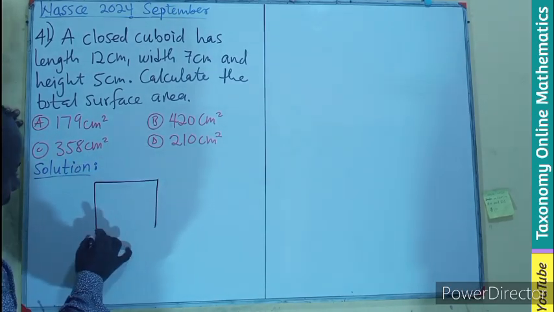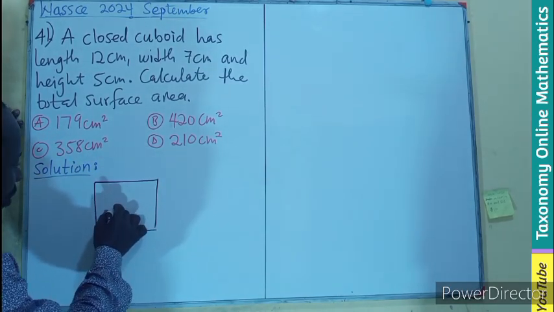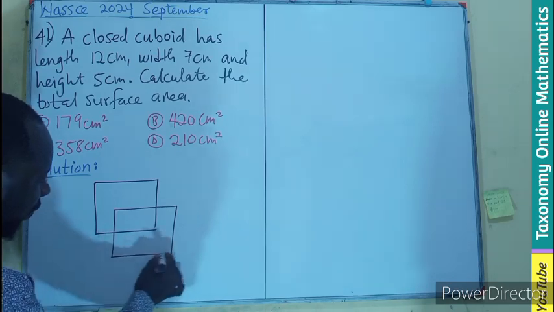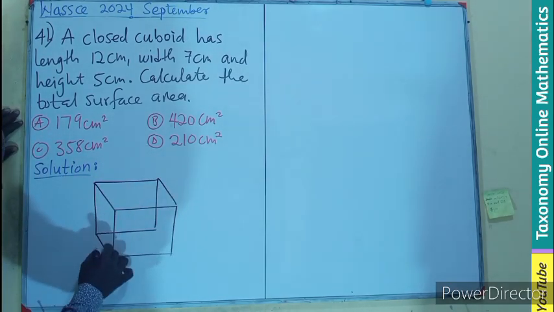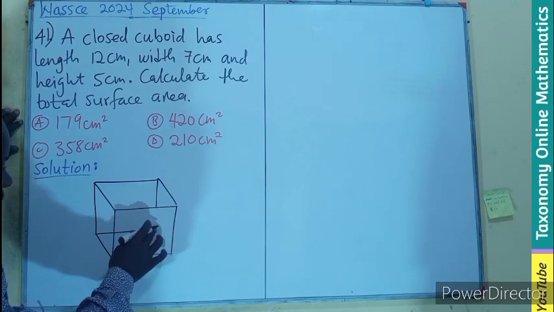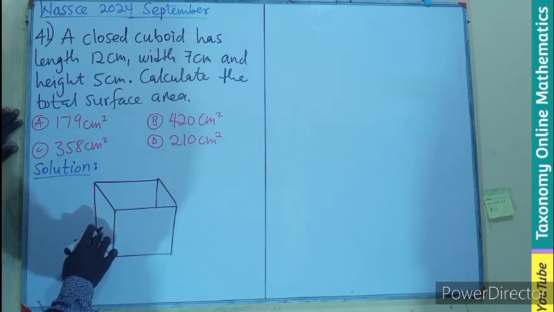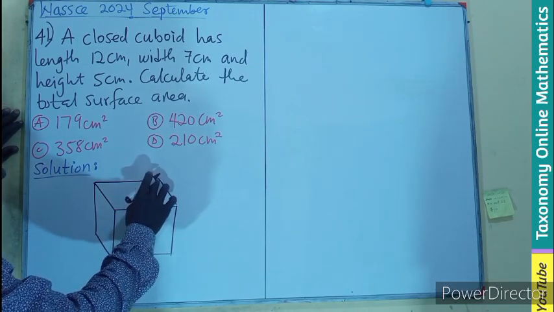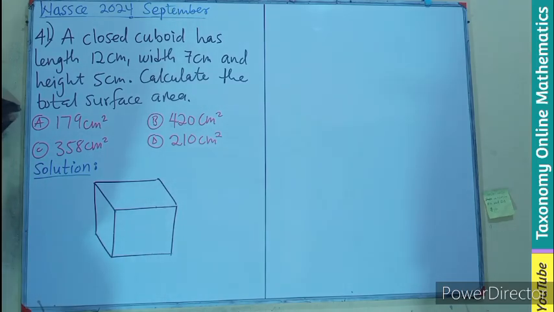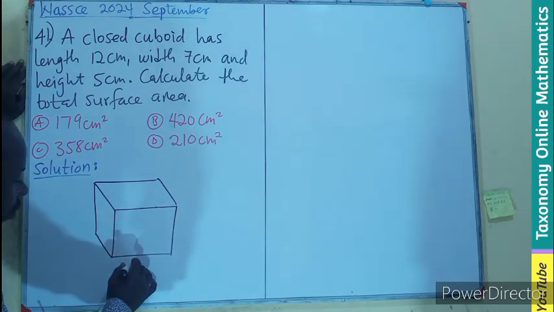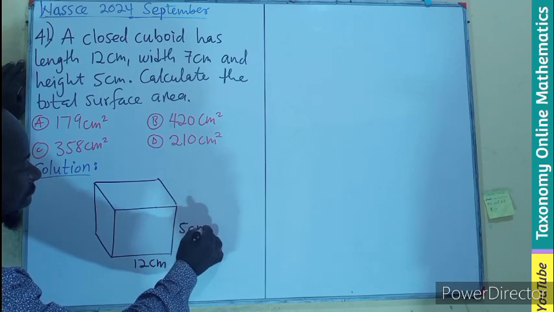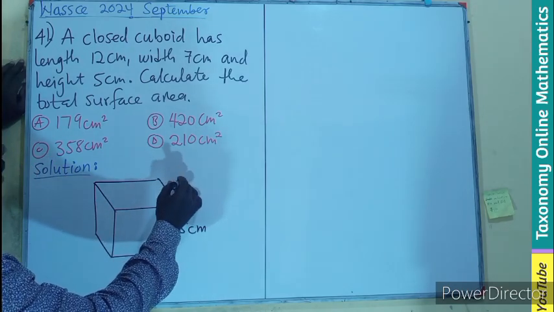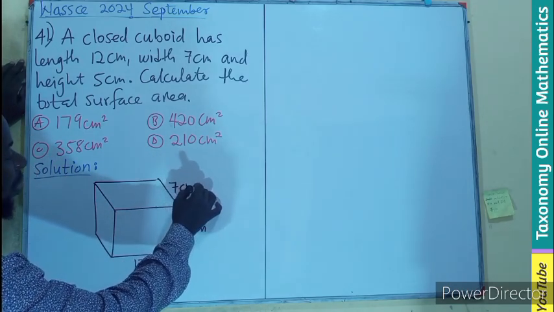So let's see if we can make a sketch of how this cuboid will look like. So now we are saying the length is 12 centimeter, the height is 5 centimeter, and the width is what? 7 centimeter.